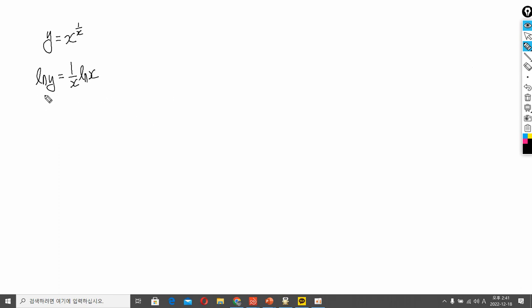So if we take the derivative on both sides, ln y's derivative is 1 over y dy, and for the right side, we have this expression dx.